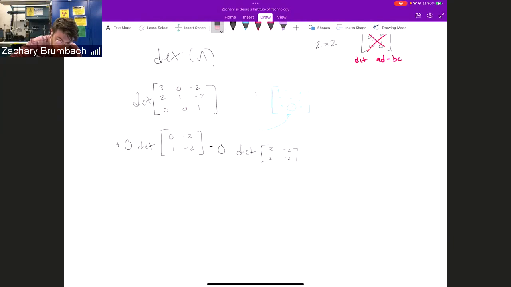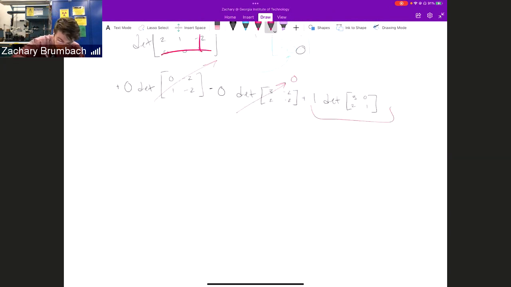Now we finish moving along the row. And here's where things are actually nice. This last one has a plus, so it's +1 times the determinant of everything not in its row or column, which is 3, 0, 2, 1. Very obviously and intentionally, the first part is 0, the second part is 0. The only part we care about is this part. So 1 times the determinant of 3, 0, 2, 1.